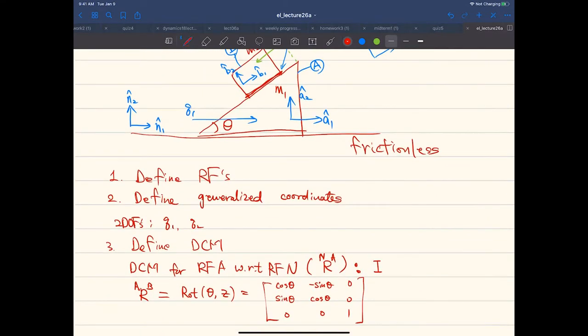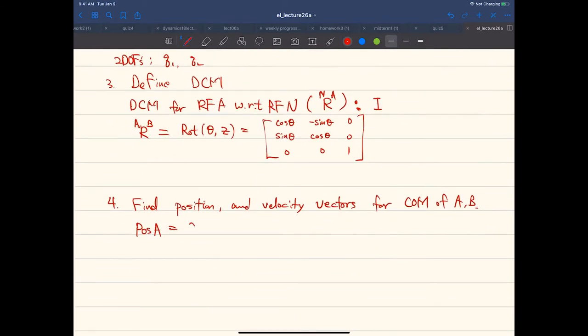The center of mass of rigid body, reference frame A. So it's Q1 in A1 direction or N1 direction. Well, it may have some vertical movement, but it's just a fixed value, so you don't have to consider that. So what you can do is just Q1 A1 hat.